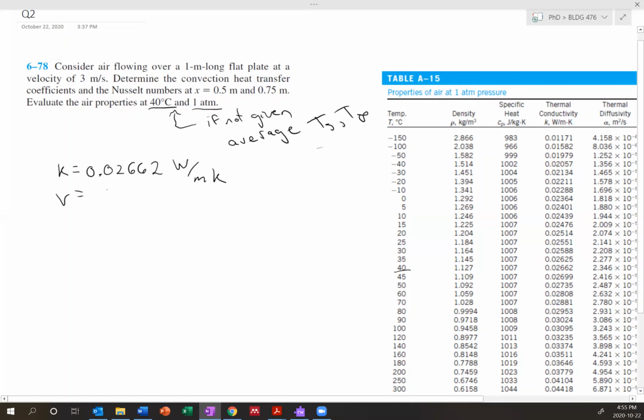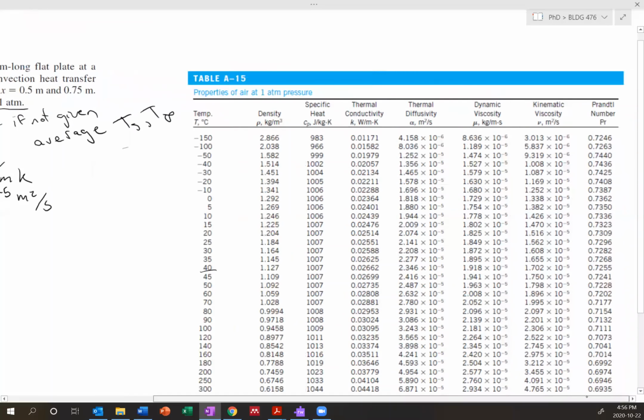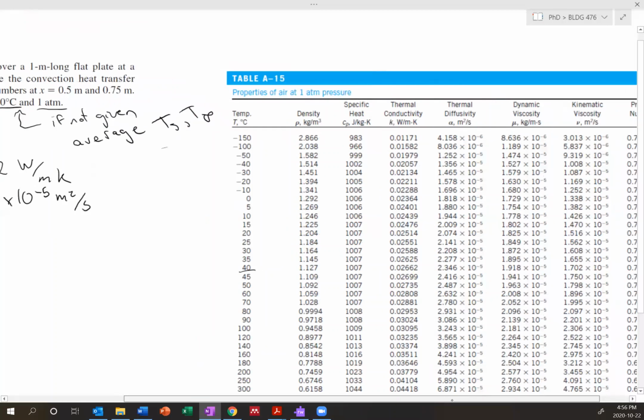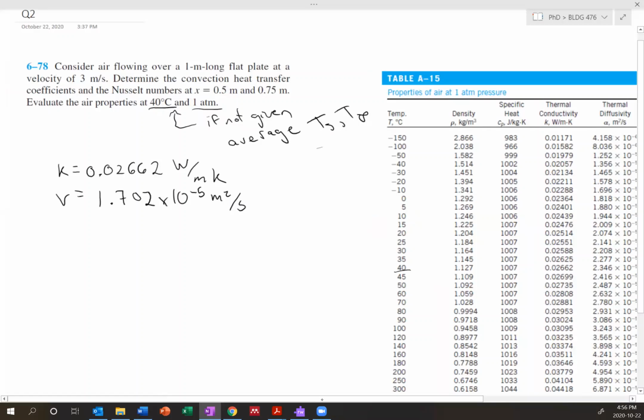Our viscosity of air, and our Prandtl number, 0.702. That's given on this chart as well. The Prandtl number is also something you calculate in some situations.